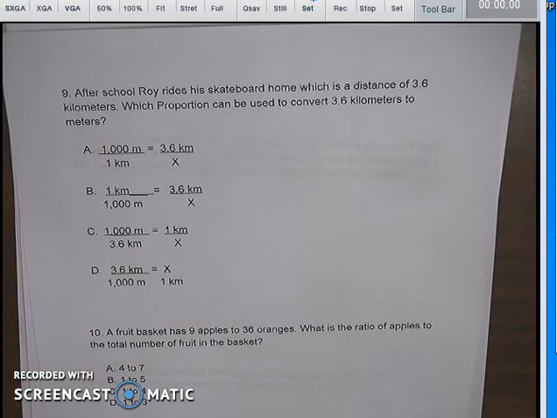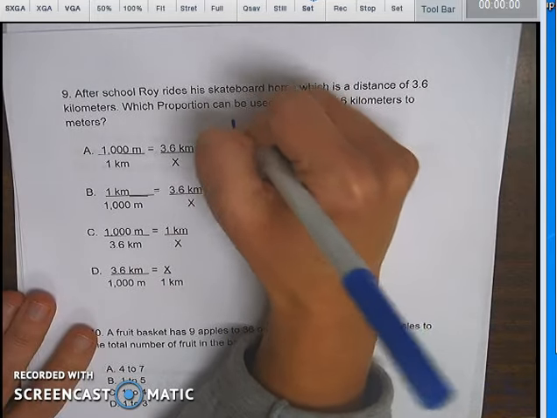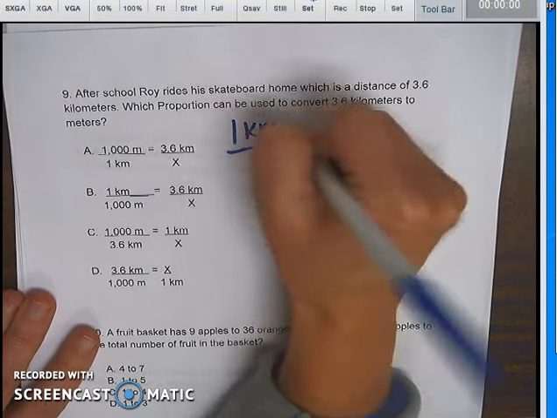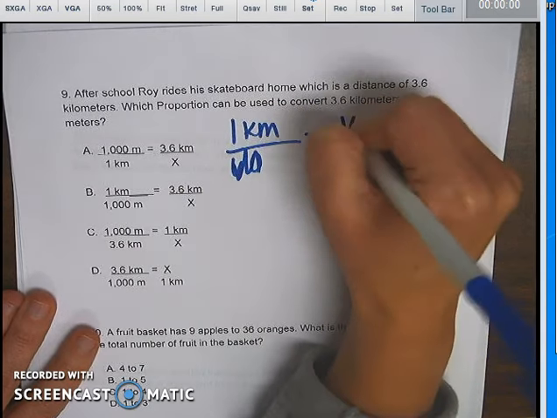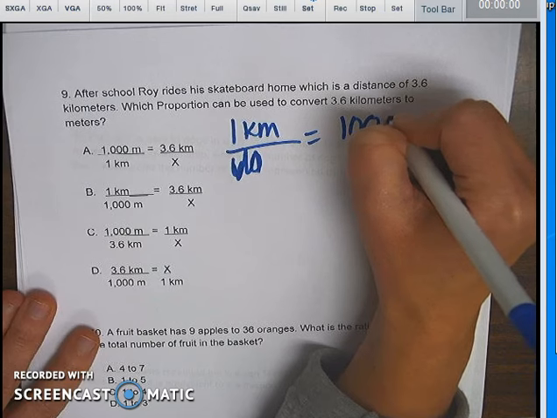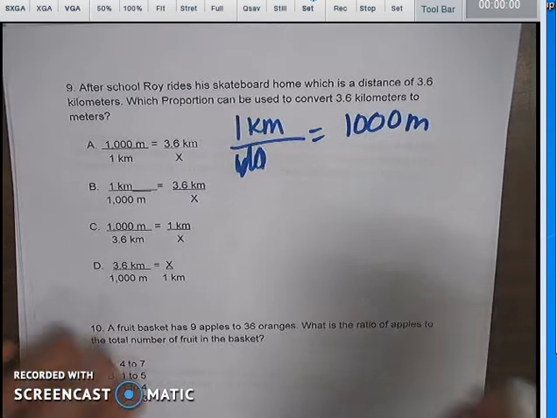After school, Roy rides his skateboard home, a distance of 3.6 kilometers. Which proportion can be used to convert 3.6 kilometers to meters? I know that 1 kilometer is equal to 1,000 meters. So let's set up a proportion.